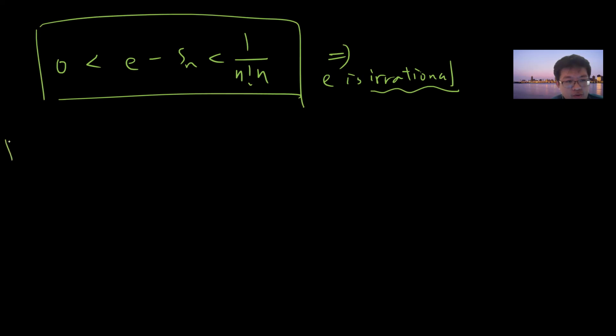Okay, so proof. The usual idea to prove something is irrational is proof by contradiction. So you first assume it's rational.